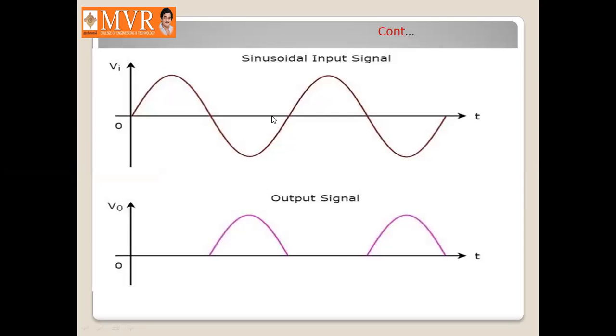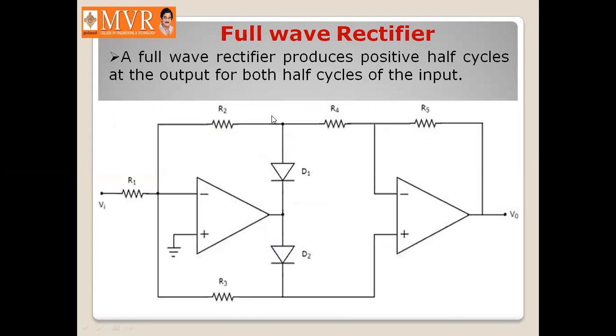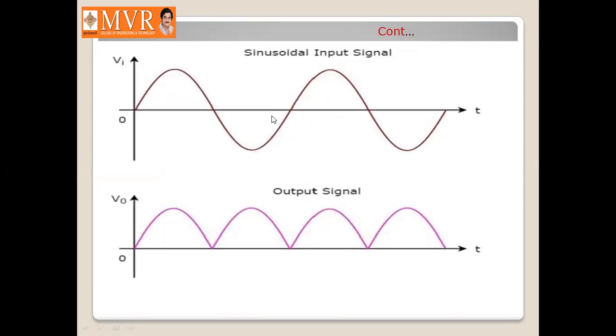The half wave rectifier is going to produce the half cycles of the input signal, and the full wave rectifier is going to produce the full cycle. That full wave rectification is possible by this operational amplifier.